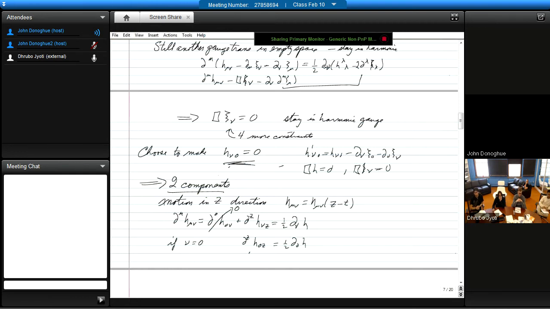But h0z has also been set equal to 0 by our gauge condition up there. d0 on a function of z minus t can't vanish because it's got a t in it. So this tells us that h vanishes. H lambda lambda equals 0.